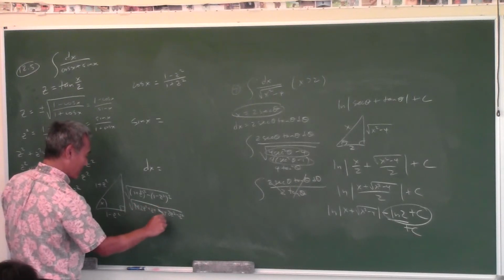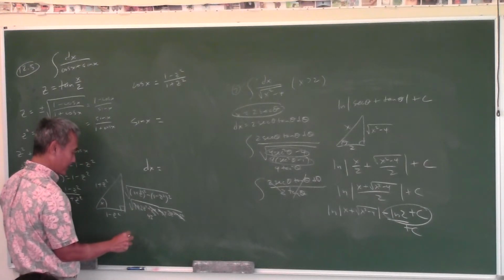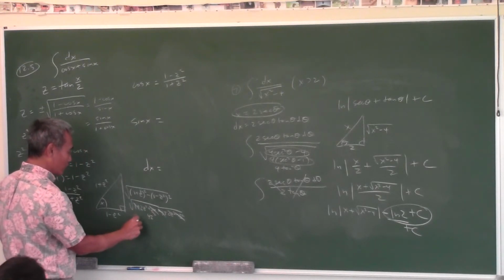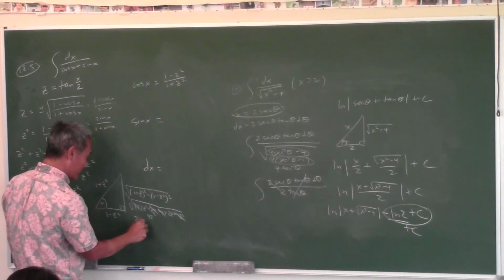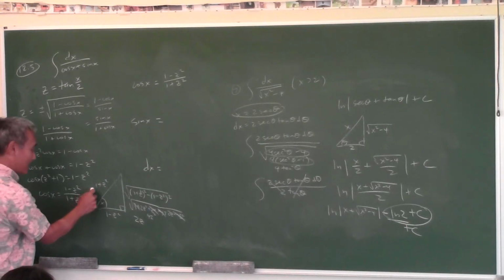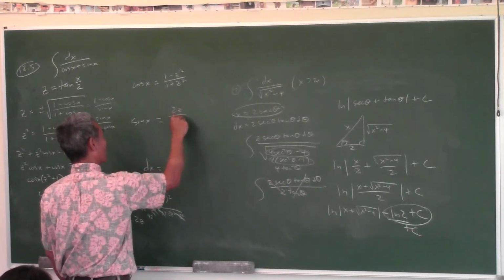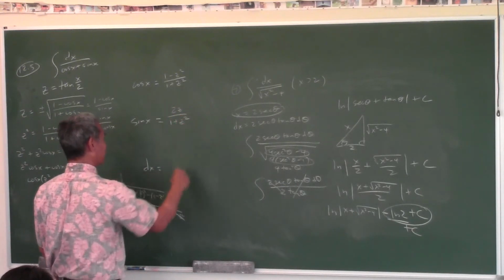The 1's cancel out, the z to the 4ths cancel out, so all you have is the square root of 4z squared, which is 2 times the absolute value of z, but assuming z to be positive, you get 2z. Therefore, sine is opposite over hypotenuse, so 2z all over 1 plus z squared.